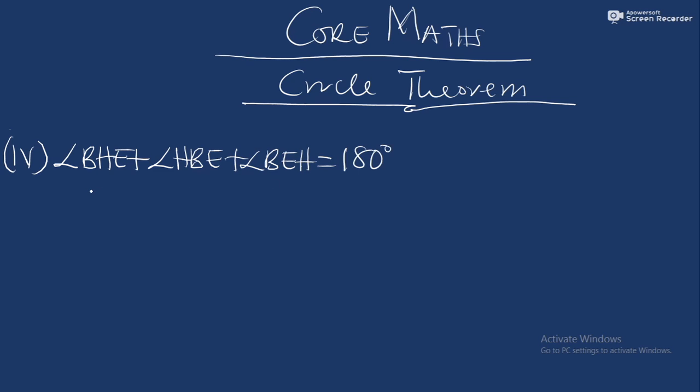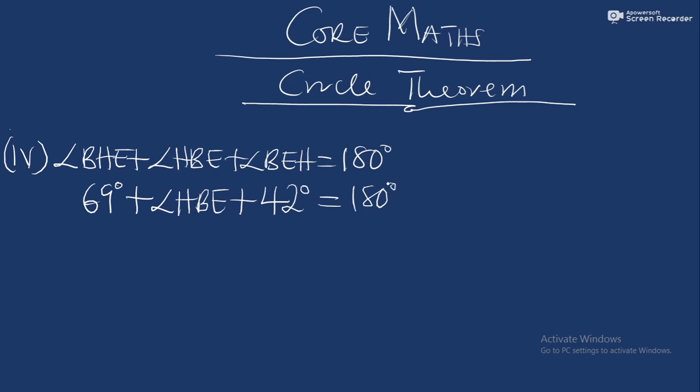So substituting, we have 69 degrees plus angle HBE plus 42 degrees equals 180 degrees.